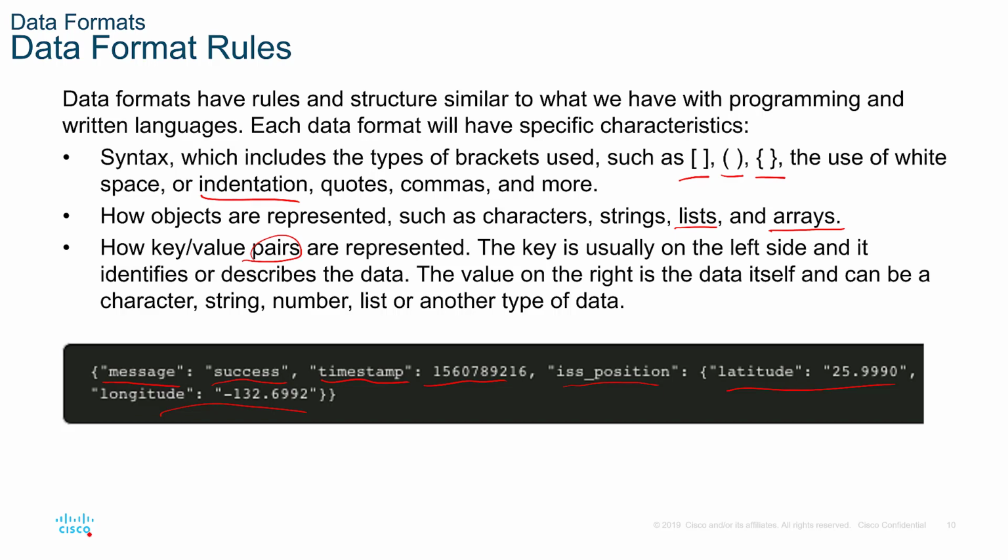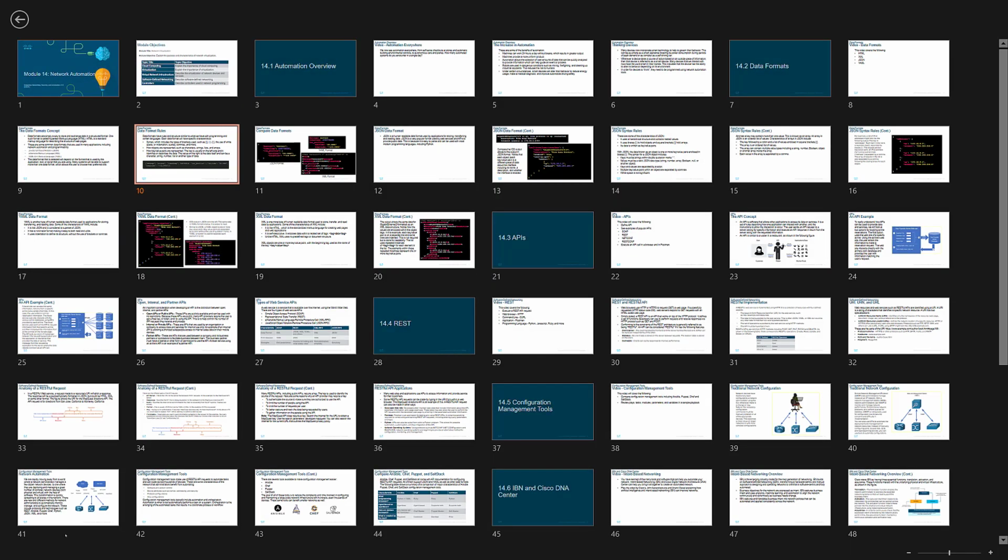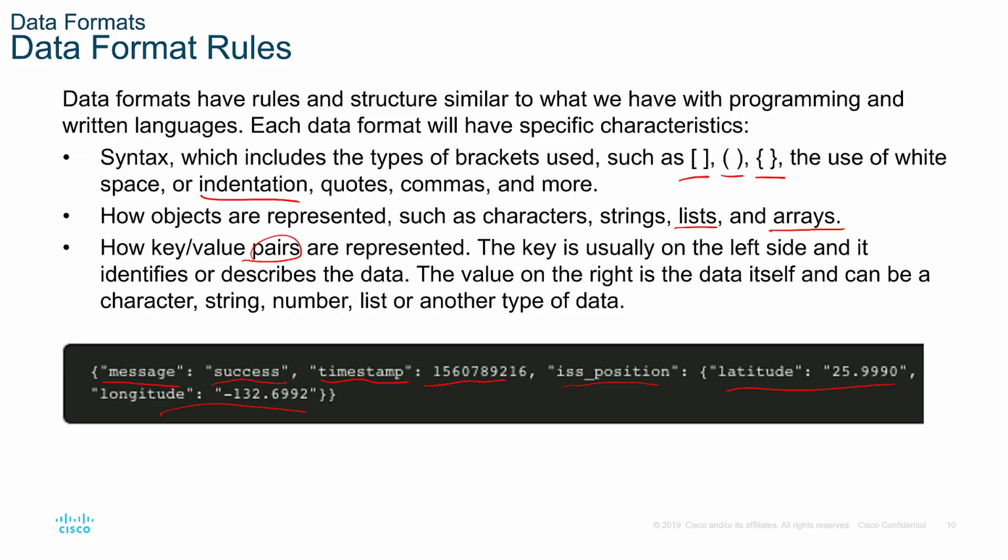So when we're looking at this, oh, that was my bad. I'm going to erase everything. I'm going to go ahead and do position. That's the key. Longitude and latitude are subkeys describing the value that they are in.